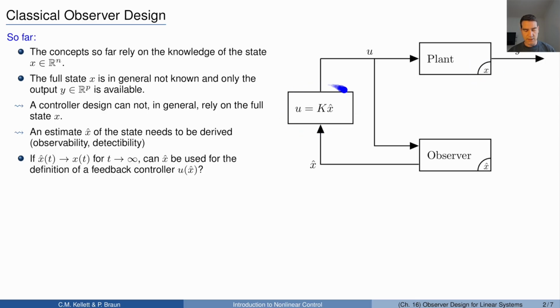And we assume here that our input is defined as a linear feedback, u is equal to Kx hat, where here we already indicate that we are using the information of x hat based on an observer with the internal state x hat instead of the true state x. And we start with the assumption that our observer has as its only input the input u. So the only information that is available to the observer is u.